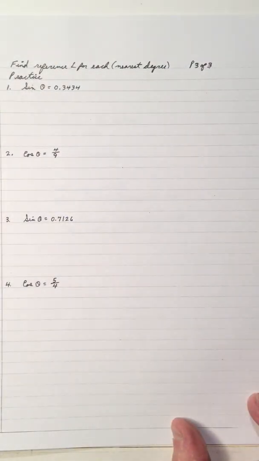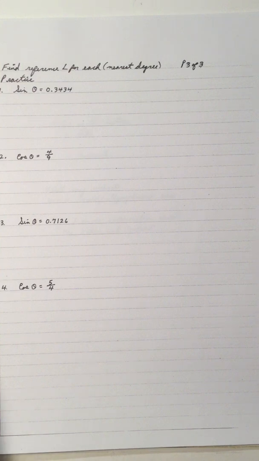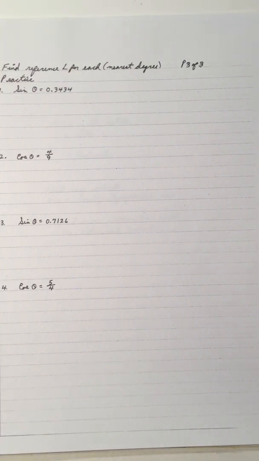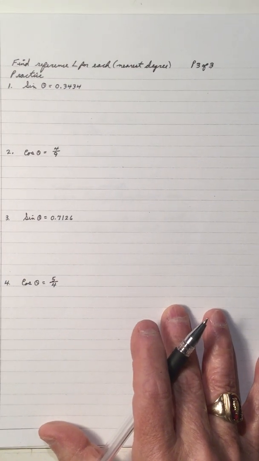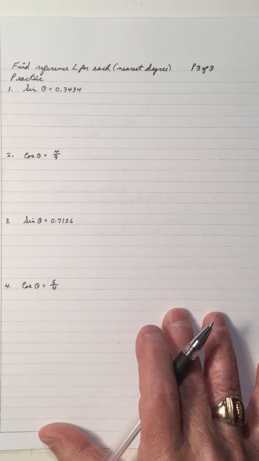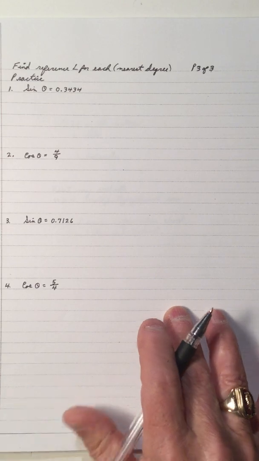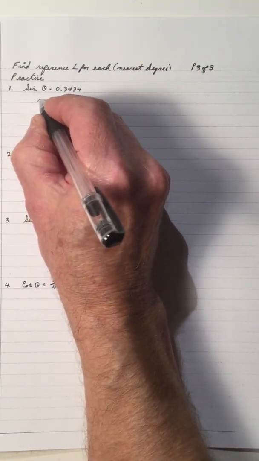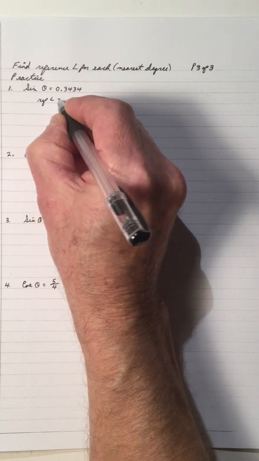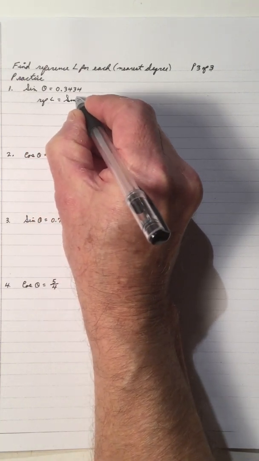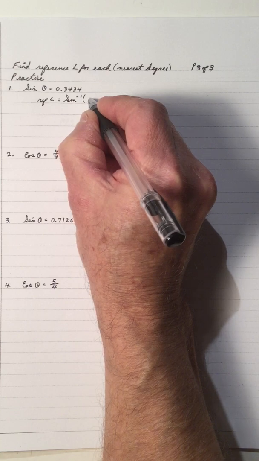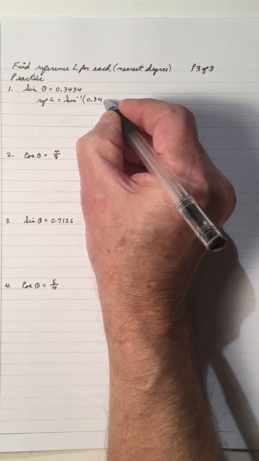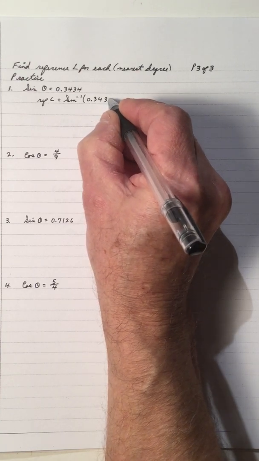Okay, let's continue. So we have some for practice. Pause the video now, and work these out on the calculator. Here we go. Find the reference angle to the nearest degree. Again, the reference angle is sine to the -1 on 0.3434.